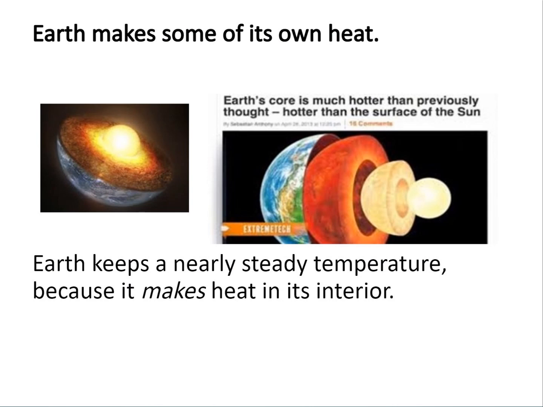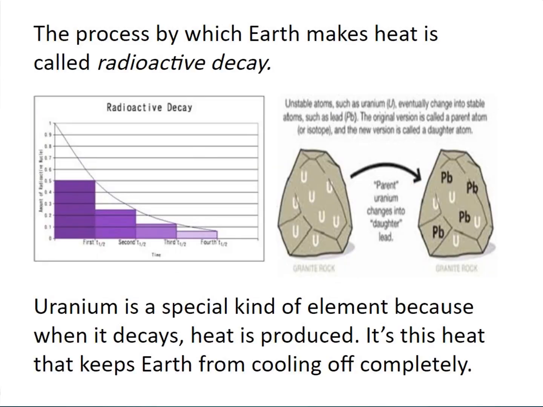Aside from the accretionary heat, Earth makes some of its own heat. Earth keeps a nearly steady temperature because it makes heat in its interior. The process by which Earth makes heat is called radioactive decay. For example, uranium is a special kind of element because when it decays, heat is produced.